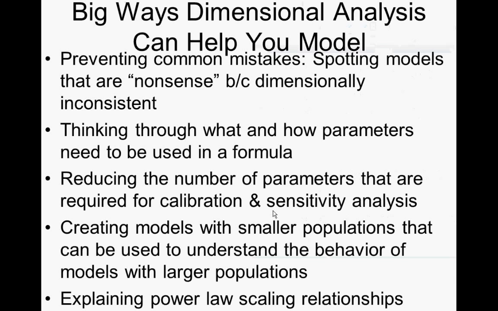The fourth thing is what I mentioned earlier, creating models with smaller populations that can be used to understand the behavior of models with larger populations. Models with small populations, reduced scale models, are in some sense representative of larger models. Okay?